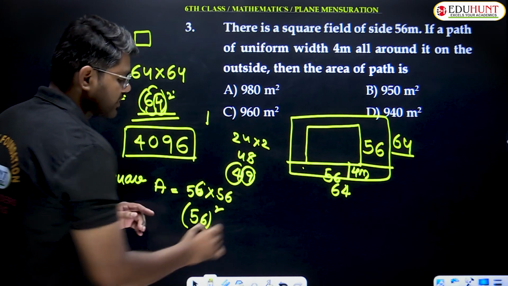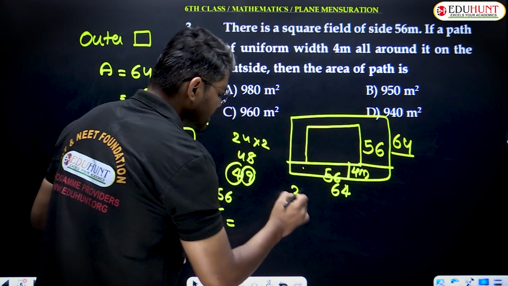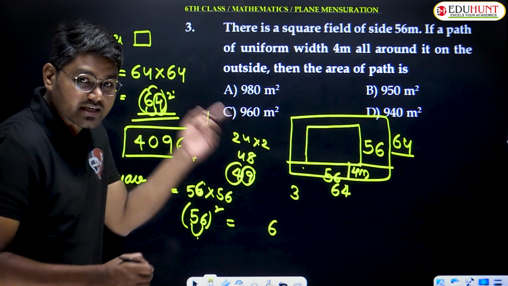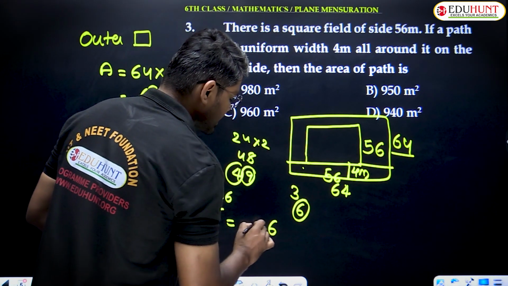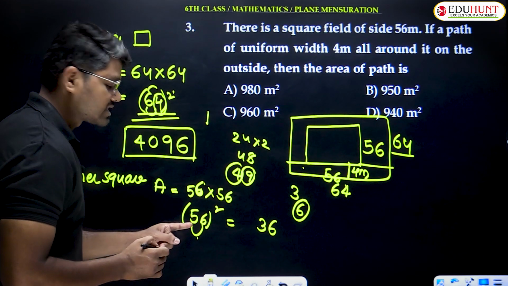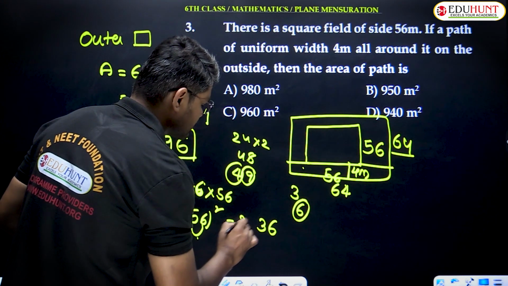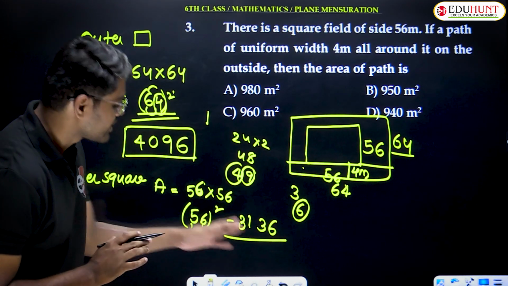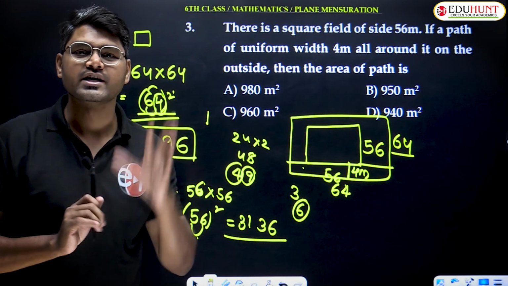So again we have to find the square of this number. 6 square is 36, 3 carried, so 6 we write. 5 6 30, 30 into 2, 60. 60 plus 3, 63. So 6 carried, 3 we write here. 5 square is 25. 25 plus 6 is 31. So 3136. Okay. So this is the square of 56. In this manner only we have to find the square of any 2-digit number.